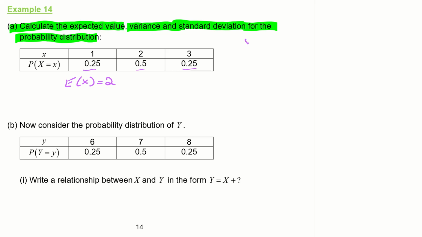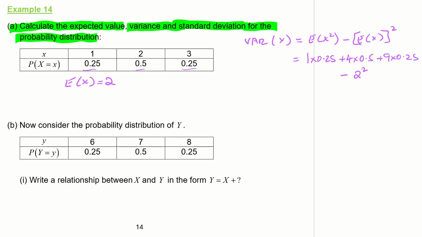If we do var of x, we know that that's going to be the expectation of x squared, take away the expectation of x, squared. So that's going to be 1 times 0.25 plus 4 times 0.5 plus 9 times 0.25, take away 2 squared.